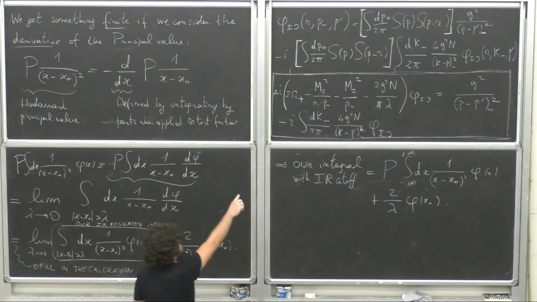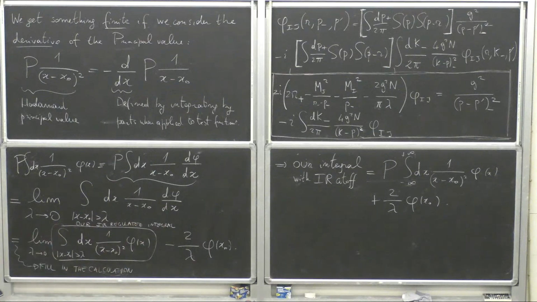And now you see that if you put it in that box, the question that we have, we are extremely happy because it should precisely cancel the IR divergence that we have in the first side of the equation.